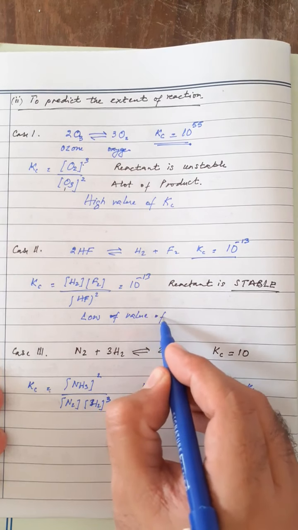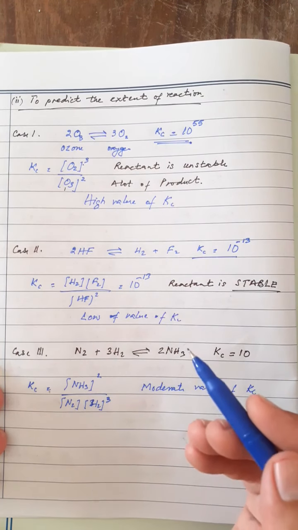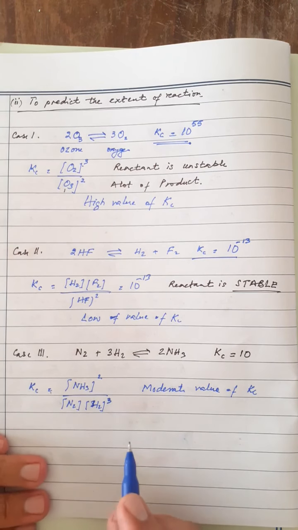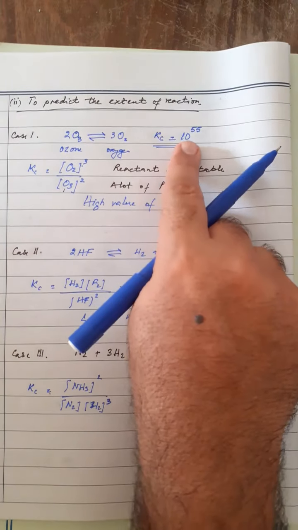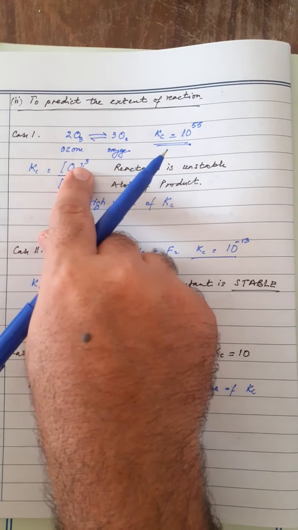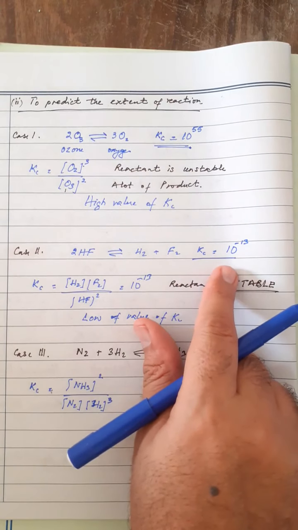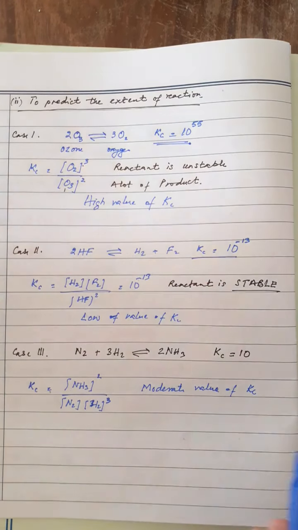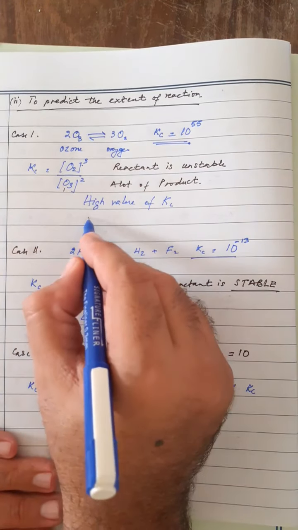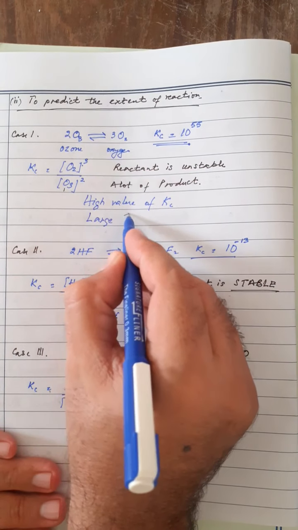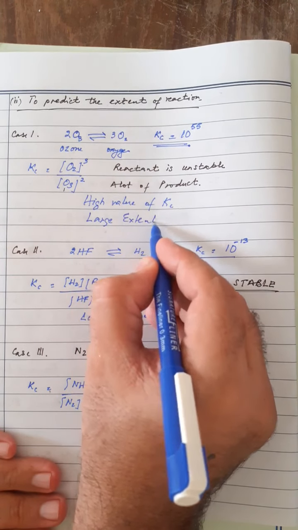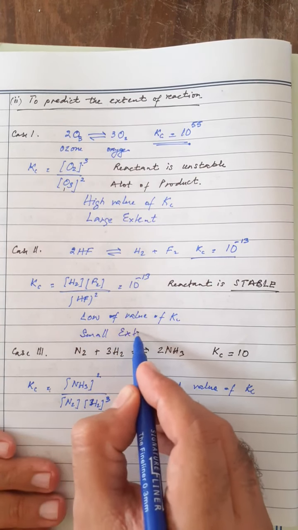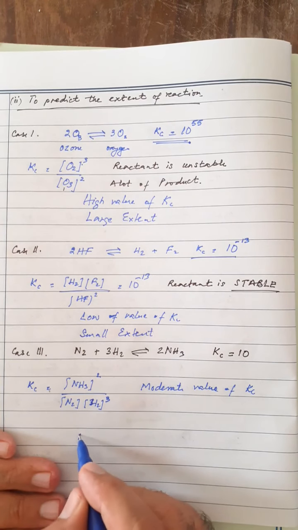If you know about fractions, something upon something, in that case, if you have a ratio too big, it means the numerator is more, products are more, and if the value is too small, it means the denominator is more, so you have more reactants. And if it is moderate, it means the quantities are moderate. This is the large extent. This reaction is a very large limit. It's a very small extent. And this is a moderate extent.